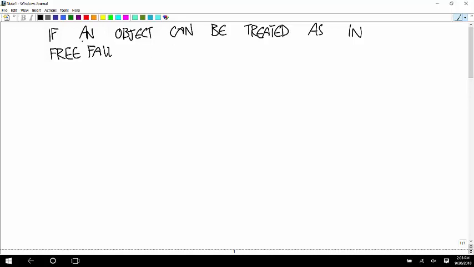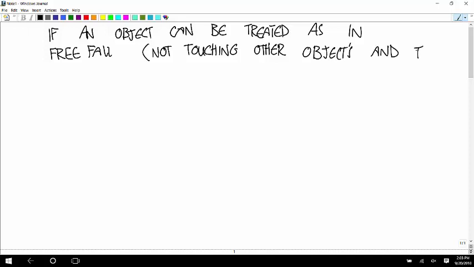So what does that mean? When can you treat an object as if it's in free fall? That means it's not touching any other objects, and the effect of air resistance is small.